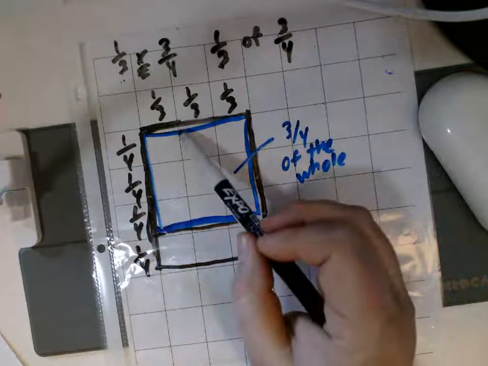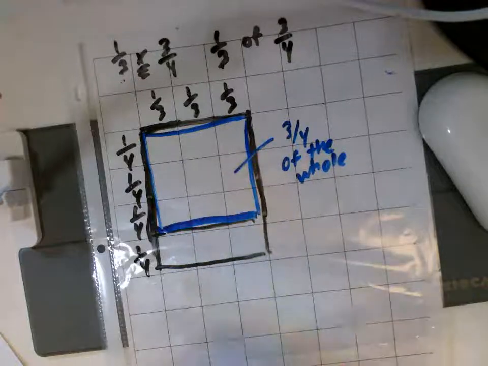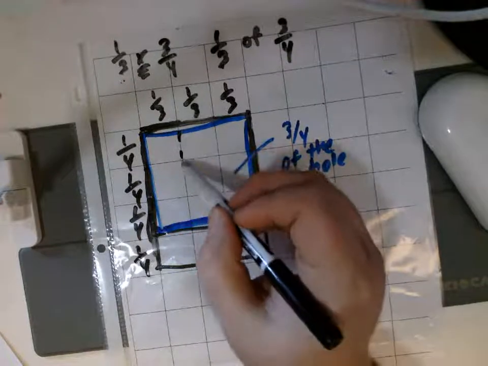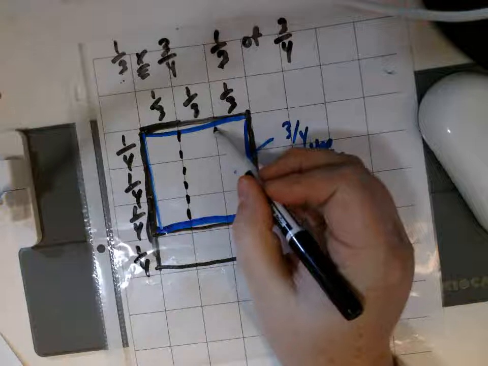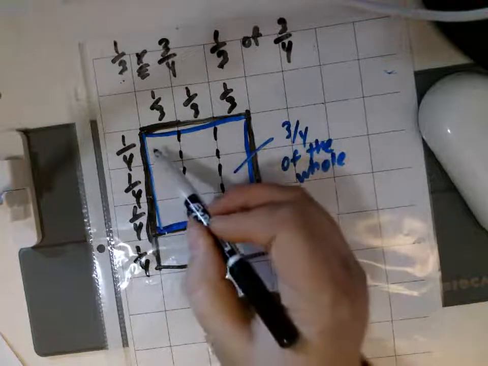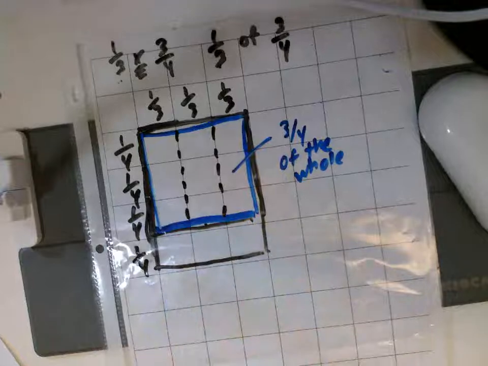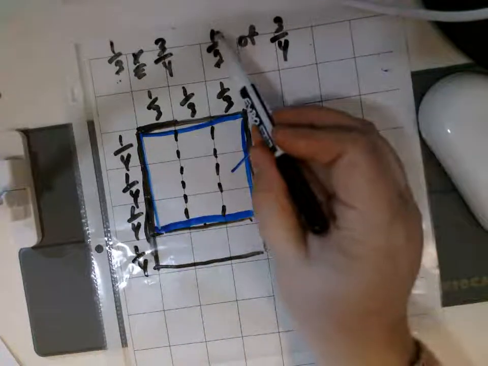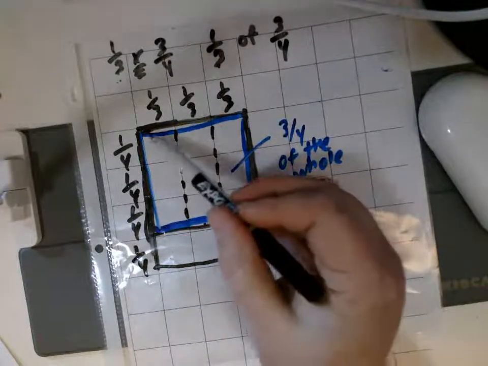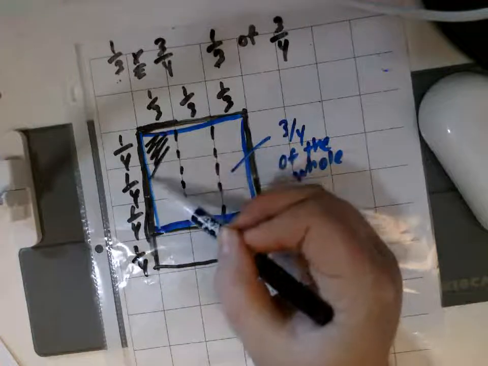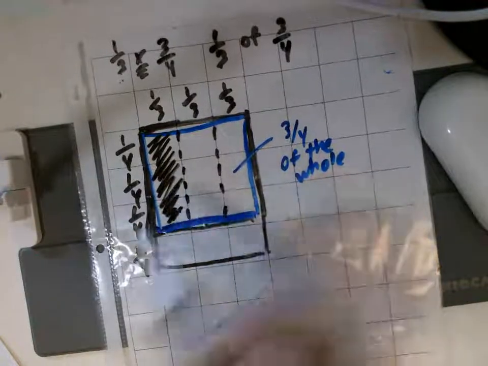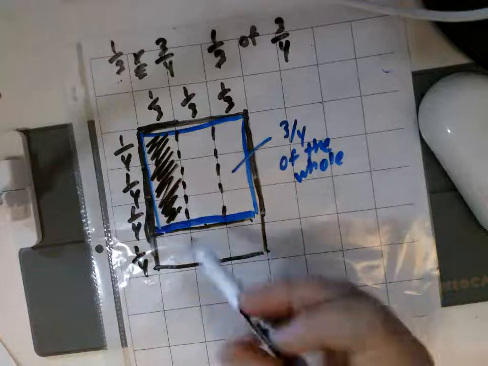That means we need to divide this into 3 sections. You could even do a little dotted line like this. There's section number 1, section number 2, section number 3. But the numerator tells us we only need 1/3 of that, so go ahead and shade in that 1/3.